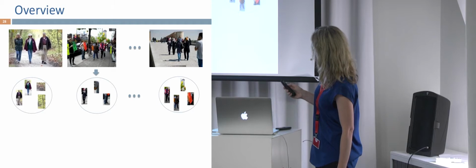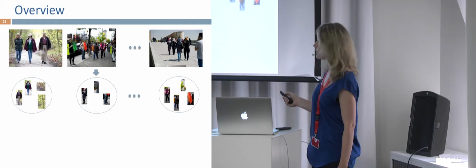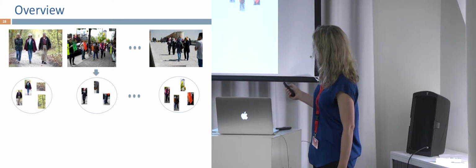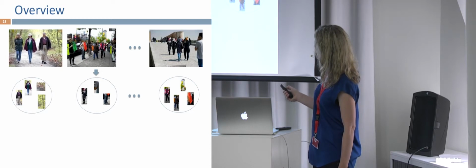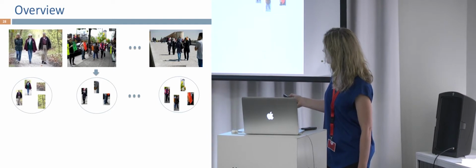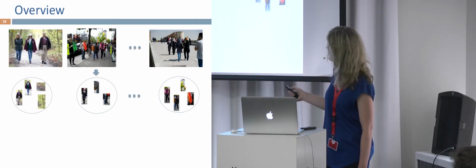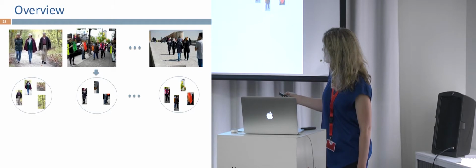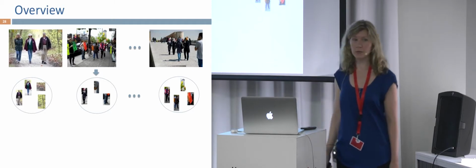In the next stage, we take each image and generate a set of regions by applying an existing method for proposing object-like regions in the image. As you can see, some of these regions do not contain an entire pedestrian, and some of them do, like this one over here. Likewise, from this image, we get some regions that just contain background, like some trees, and also some regions that happen to contain the actual person.